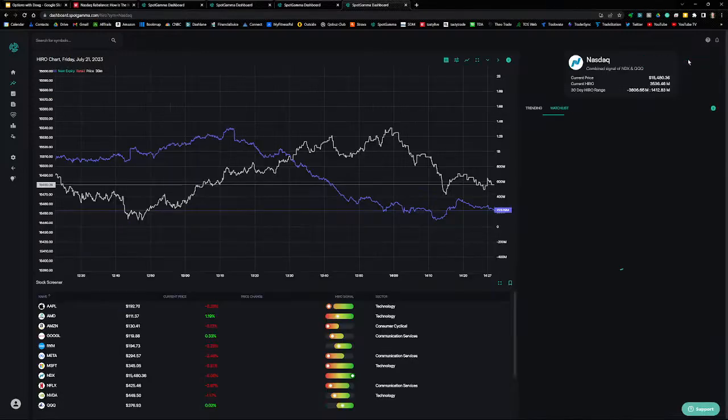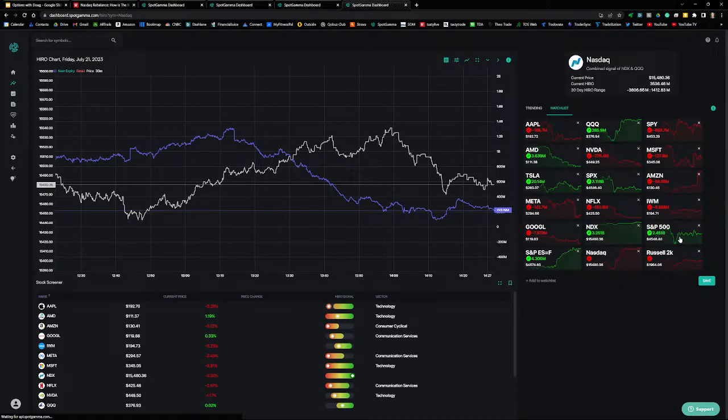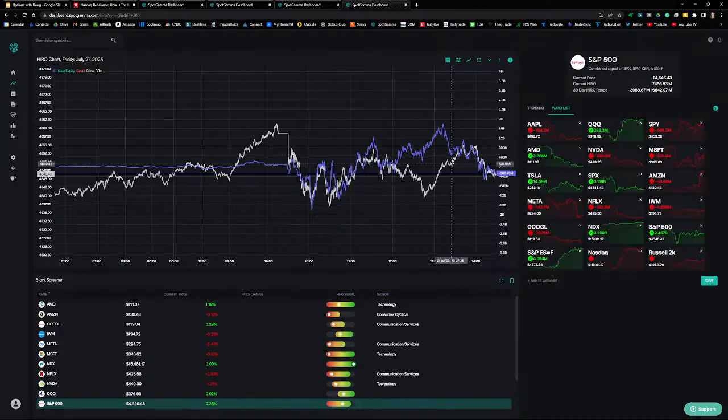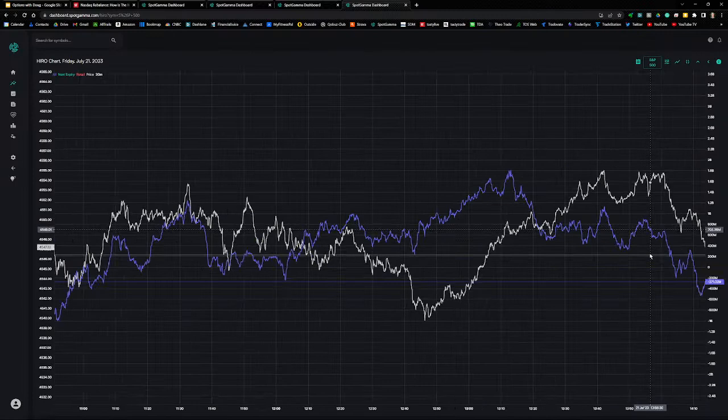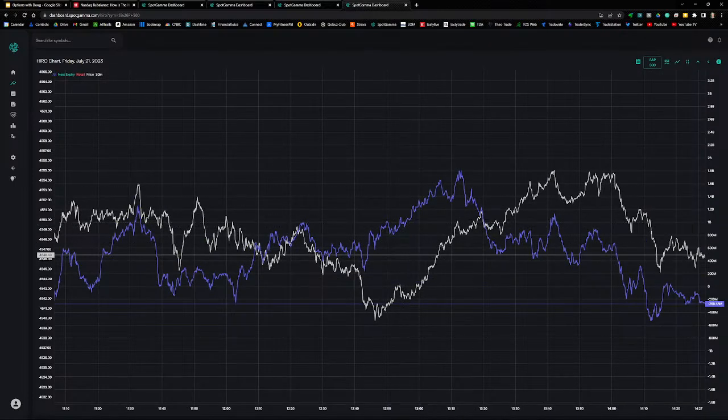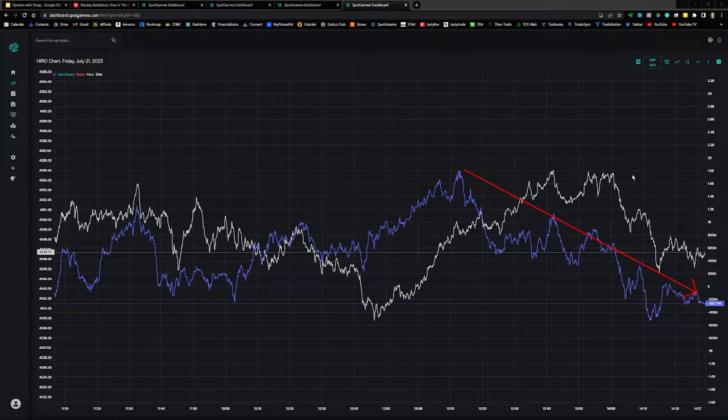Let's take a look at the S&P 500. Again, remember we have a 30-minute look back period here. So just looking at the last 30 minutes of data, and this is clearly showing a downtrend. Hero making a series of lower highs, continues to move lower, and then price responded later.